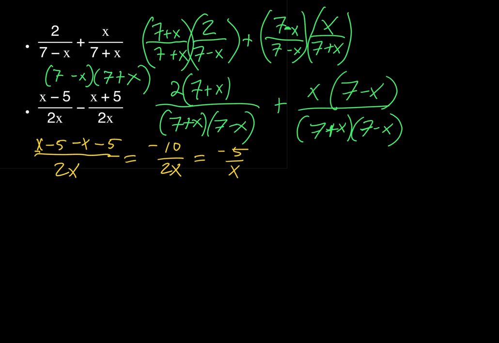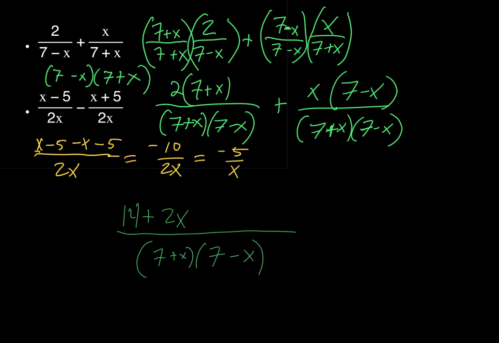Now, numerator, going to simplify that. 2 times 7 plus x, 14 plus 2x, distributive property. Since they have the same denominator, I'm going to go ahead and combine those two fractions into one fraction.